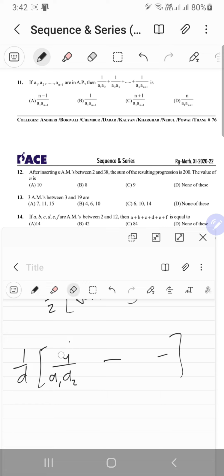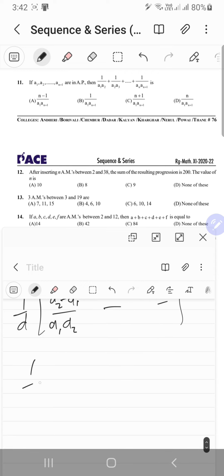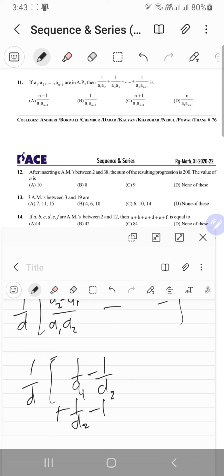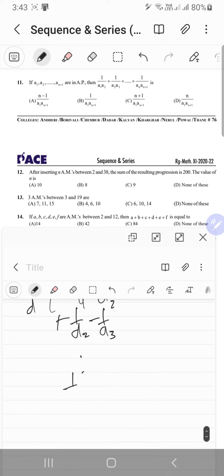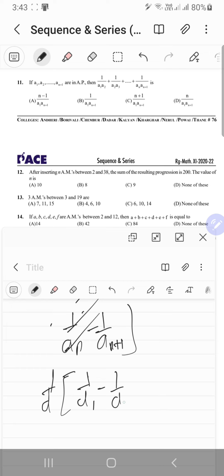But then you can write d as a2 minus a1, so it's essentially just 1 upon d into 1 upon a1 minus 1 upon a2 plus 1 upon a2 minus 1 upon a3, and so on, till you eventually have 1 upon an minus 1 upon an plus 1, right? And then a lot of cancellation, and you have 1 upon d into 1 upon a1 minus 1 upon an plus 1.